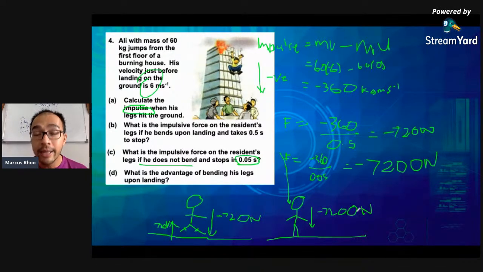Then Newton's third law says the ground is going to fight back. The ground is going to give you back 7,200 newtons, because the reaction is there. And who is going to feel this 700 kilos?